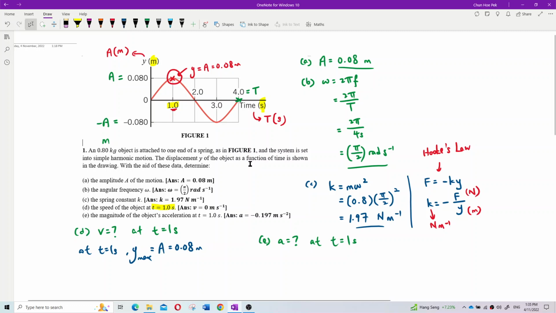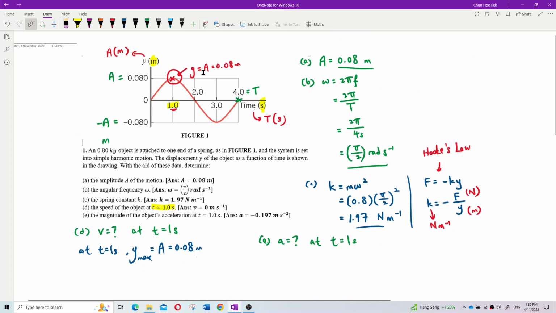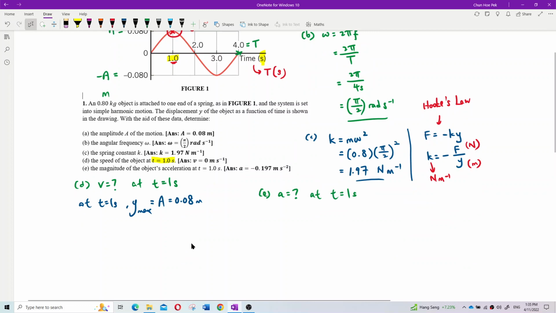So we actually don't need to build the velocity-time and acceleration-time equations just to get the velocity and acceleration at 1 second, because we can straight away use the displacement value from the graph and use another formula.